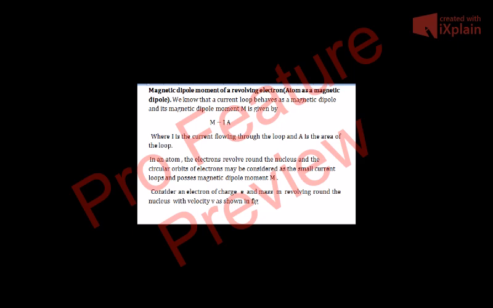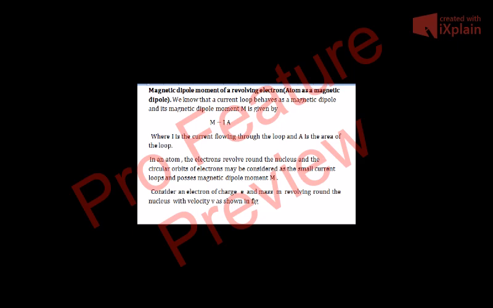Similarly, it is the electron which revolves around the nucleus. So, by analogy, we can expect that the electron will also constitute a current the same way as it forms the current in a current loop. So, when an electron revolves around the nucleus, we expect that the electron will have a magnetic dipole moment M.